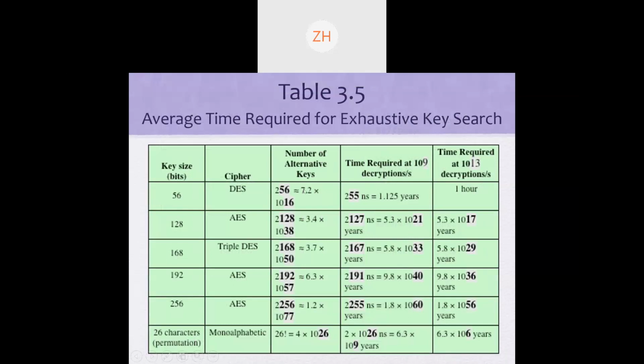Okay, so look at here. As I said, how difficult or complex the algorithm is doesn't matter in symmetrical encryption. We don't care actually. The one that is focused on by the cryptographer is the key size.